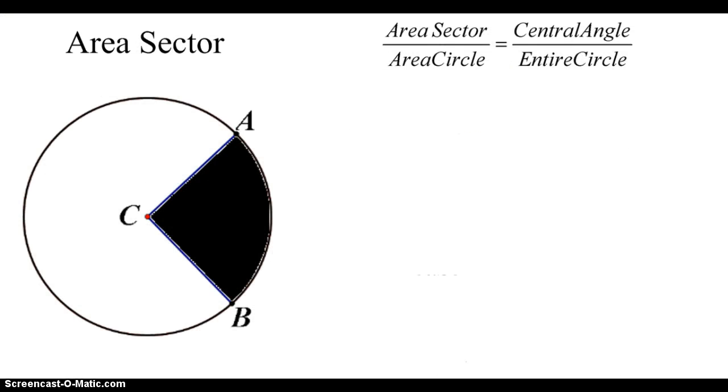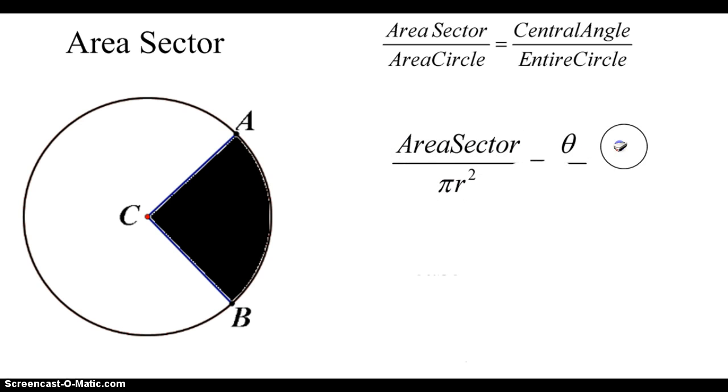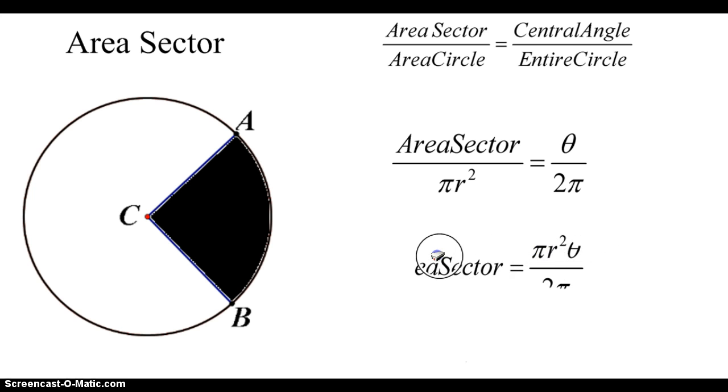So we can derive the formula for area of a sector the same way. We take our sector, this time it's over the area of a circle, which is pi r squared. Our central angle is again theta, and our entire circle in radian measure is 2 pi. By multiplying both sides by pi r squared, we have pi r squared theta over 2 pi.